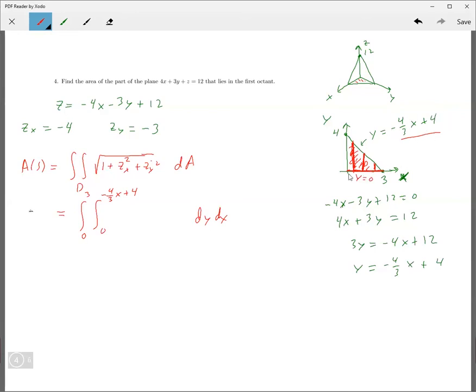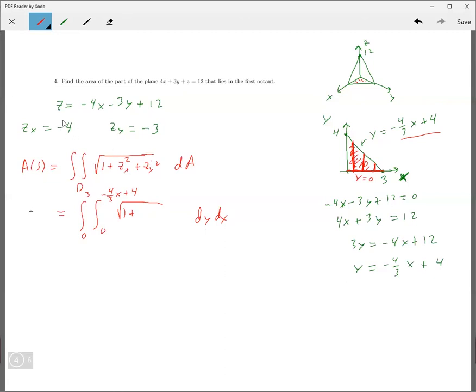It goes from 0 to that in the y direction, so its length is this minus that. Now when you go in the x direction, you add them all up from 0 to 3, and every point here gives you a vertical line segment.